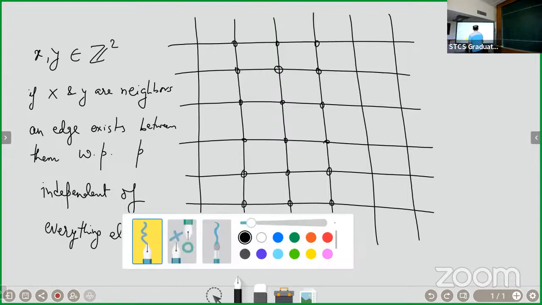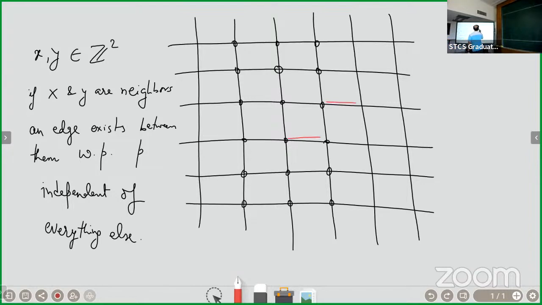So in pictures, everything I make red is possibly an edge. We keep using the word "open" to mean essentially that an edge exists.